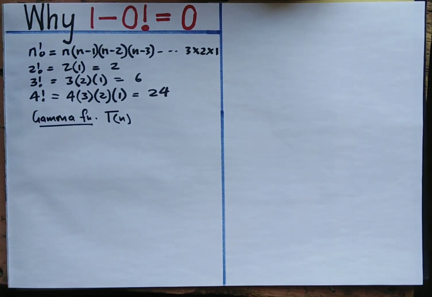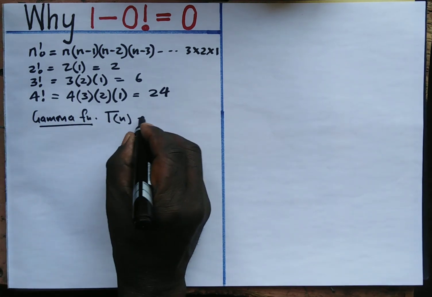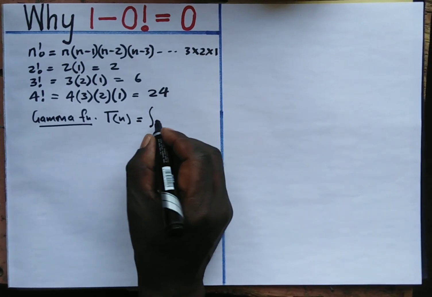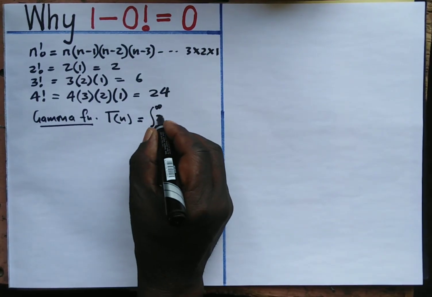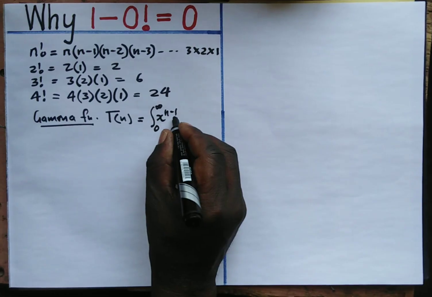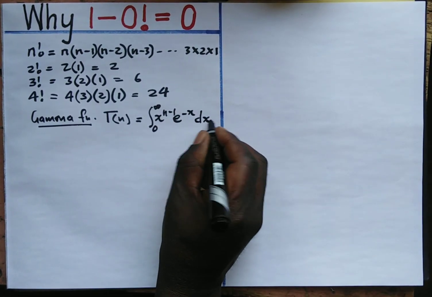This here is the capital letter gamma. So the gamma function, gamma of n, is defined as the integral from 0 up to infinity of x to the power n minus 1 multiplied by e to the power minus x with respect to x.